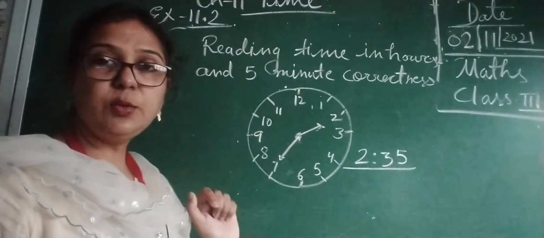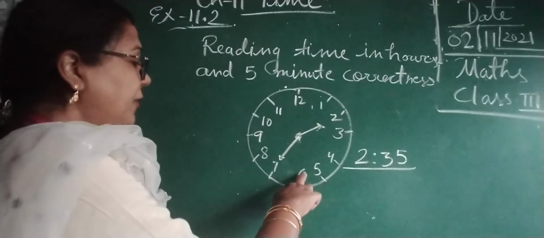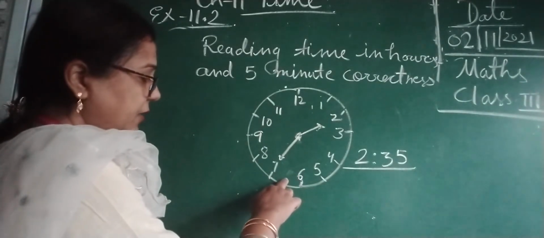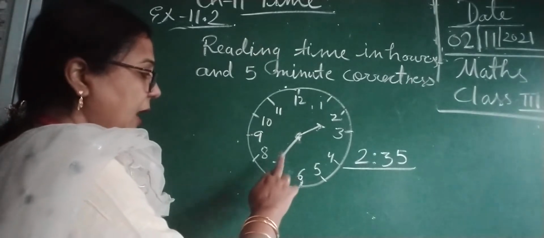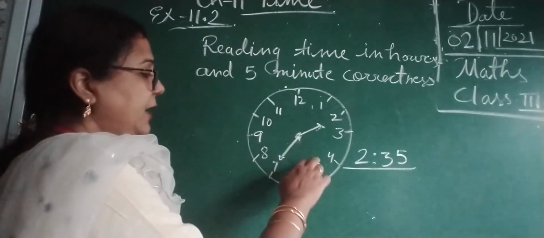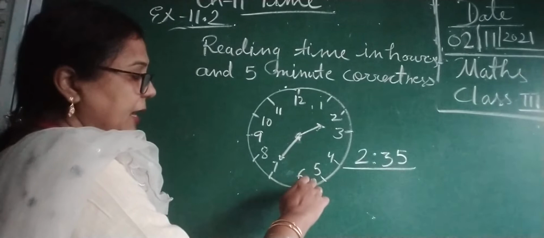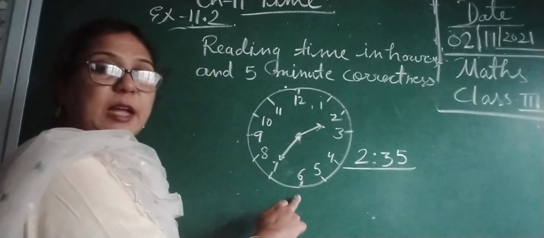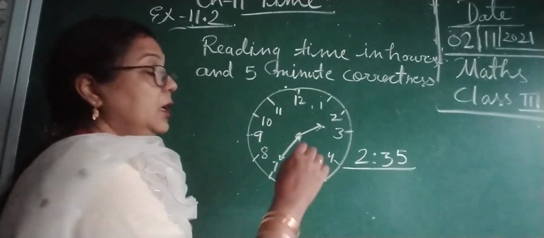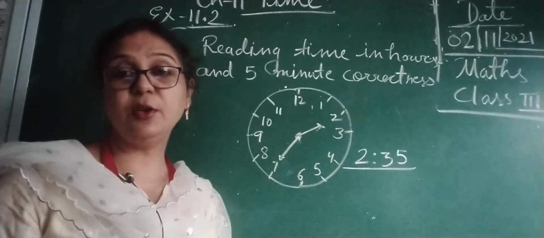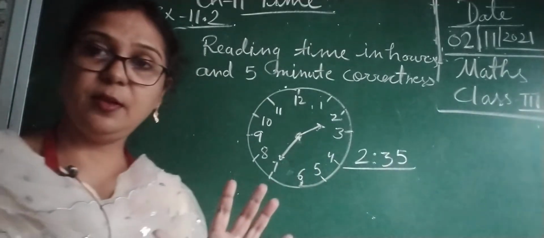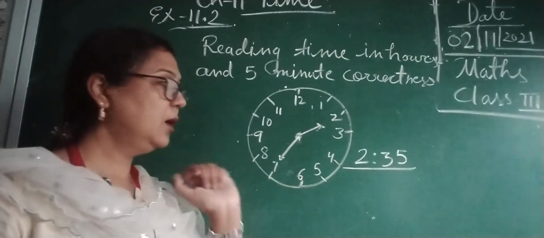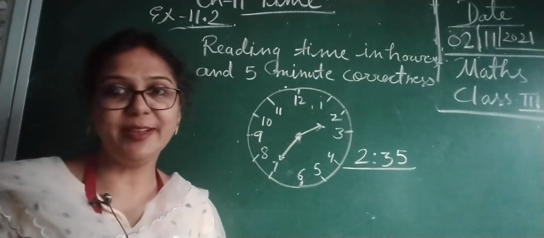Here children, after this half past, everything will be counted as 35, and if your minute hand is at 5 and 5 minutes are left to become half past, then we will write 2:25, because 5 minutes are left to become 2:30 or half past.